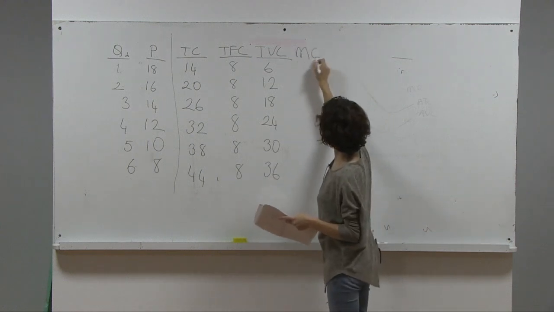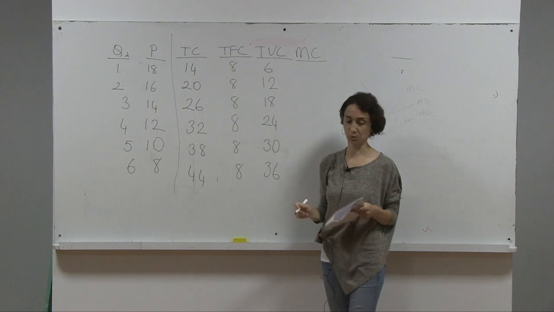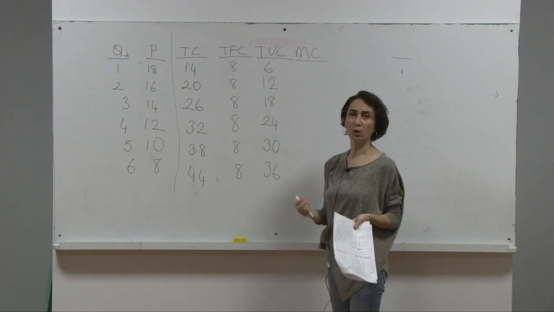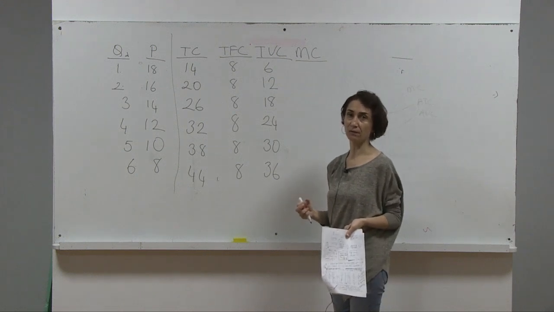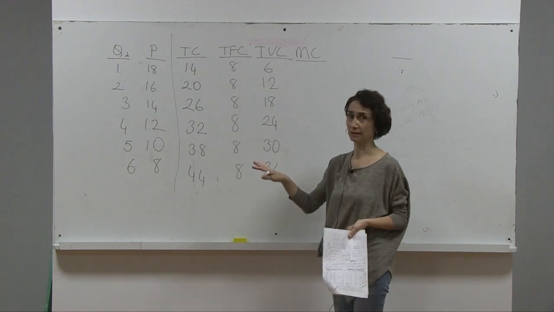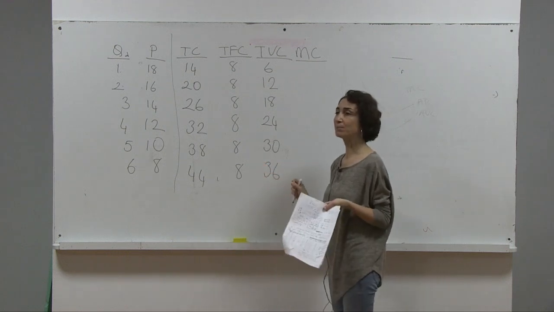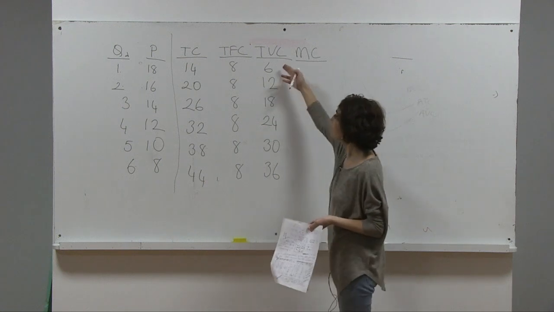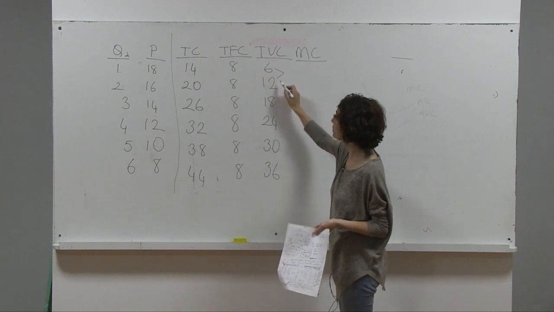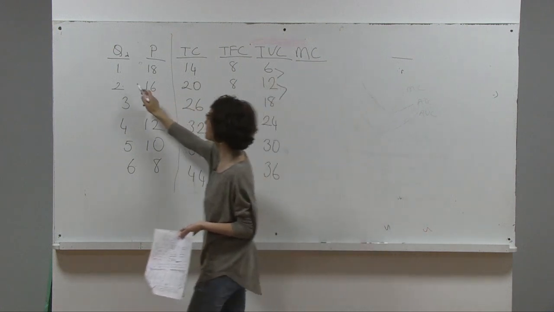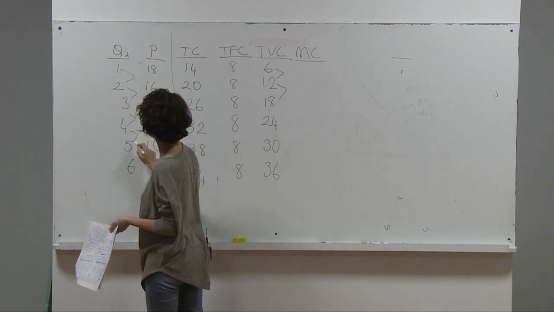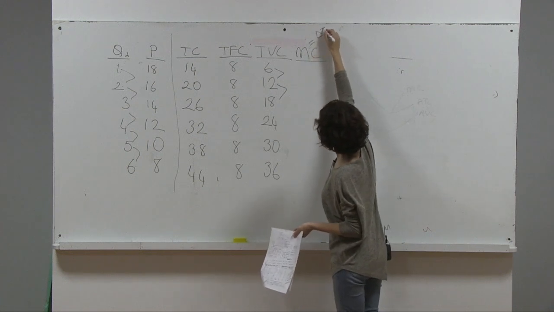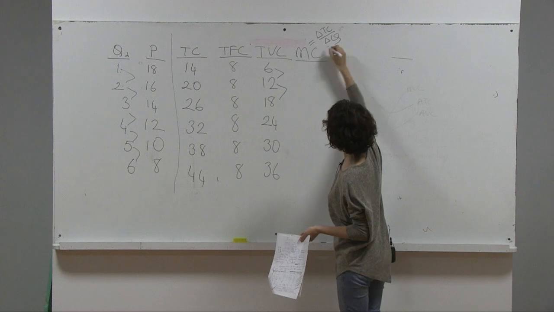Now, from all this information, I can find marginal cost, right? Now, usually marginal cost is an increasing function, but in this example, just to make things simple as a starter, if you look at the numbers, the change in total variable cost as we change quantity, that is the definition of marginal cost, right? Or the same, change in total cost divided by change in quantity.